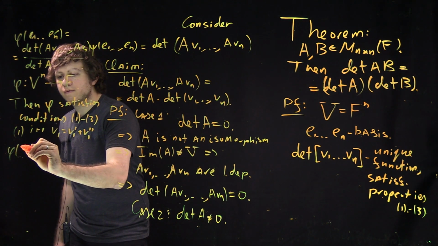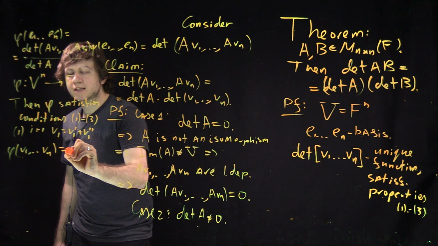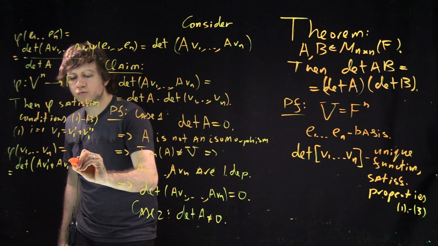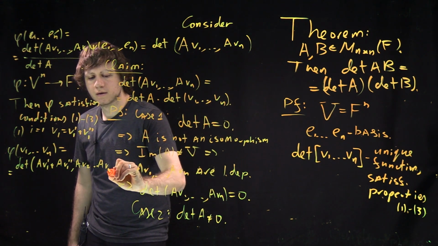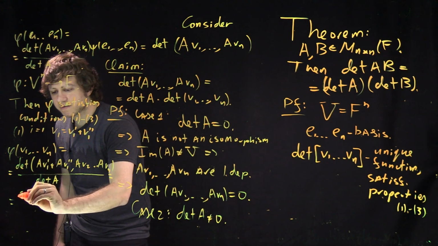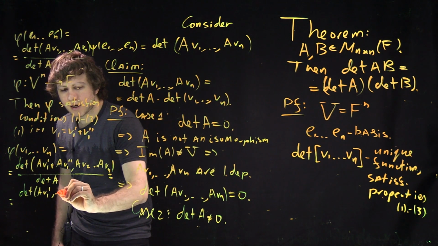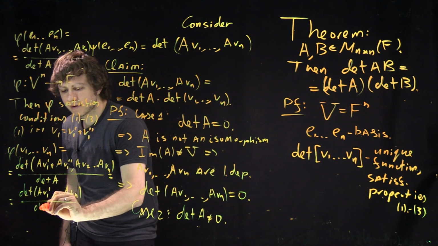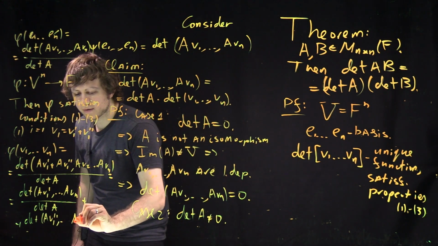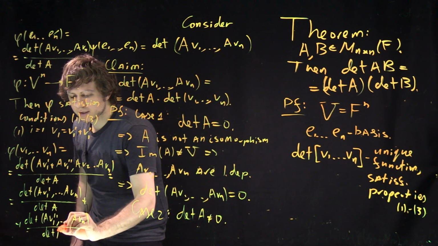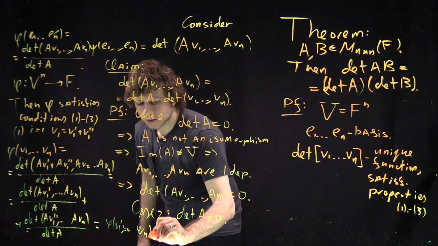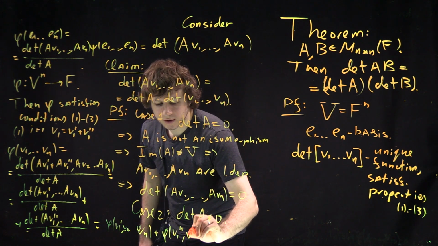Then we know that phi of V1, ..., Vn is the same as the determinant of A V1' plus A V1'', A V2, and so on, A Vn, divided by the determinant of A. By linearity, by the first property of determinant, this is the determinant of A V1', ..., A Vn over the determinant of A, plus a similar thing with the determinant of A V1'', ..., A Vn over the determinant of A. And this is of course, by linearity, phi of V1', V2, ..., Vn plus phi of V1'', V2, ..., Vn.